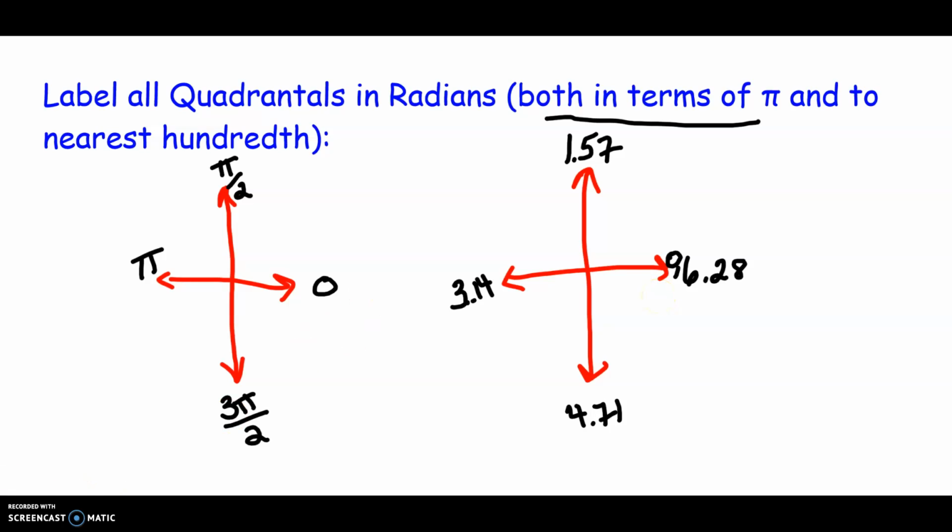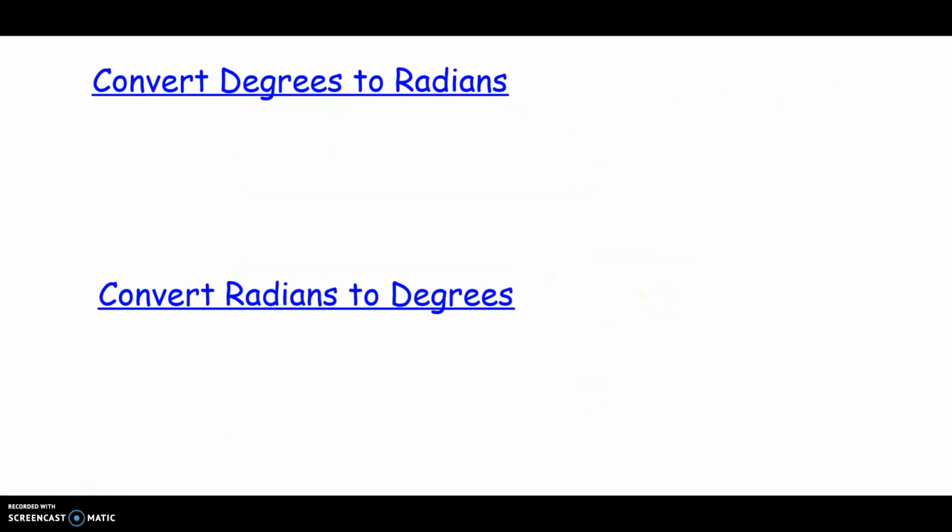Okay, moving on, we're going to talk about converting degrees to radians. This is something that you did last year. So we need to always reference the fact that we know that 180 degrees is equal to pi radians. So if I ask you, all right, let's convert 30 degrees to radians.